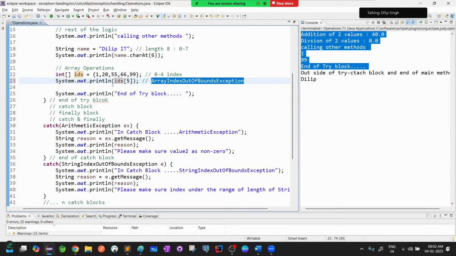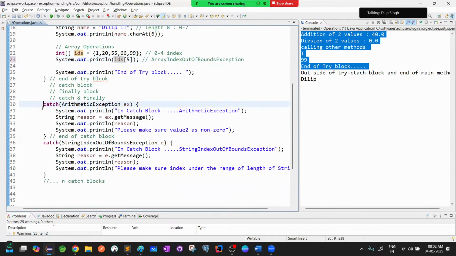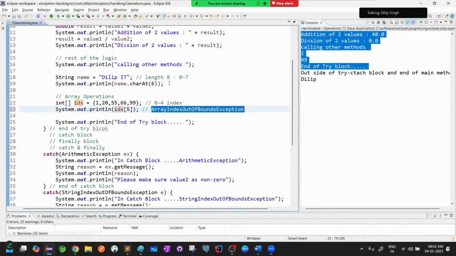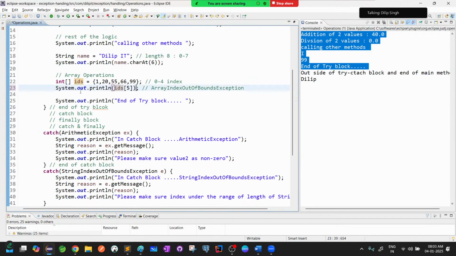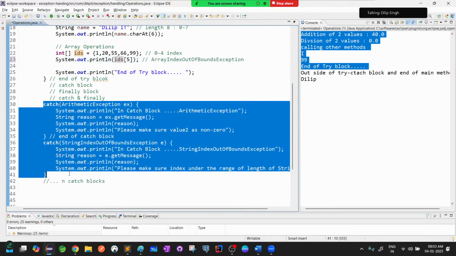Now, assume the JVM created an array index out of bounds exception, but you don't have any catch block for that array index out of bounds exception. Until this point everything is good. When the exception got created with array index out of bounds exception, but there is no catch block, what will the JVM do? No catch block means immediately it will terminate the process.